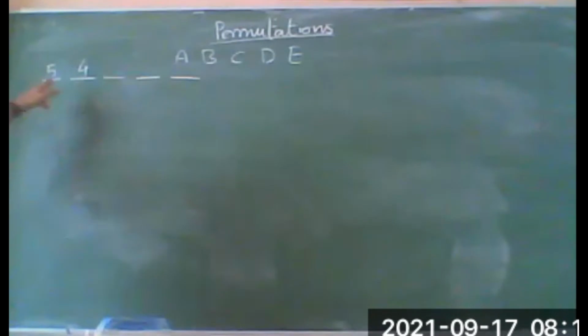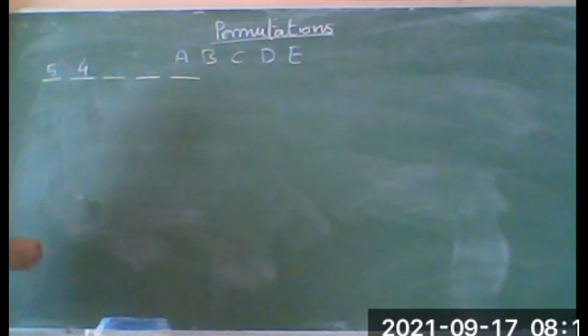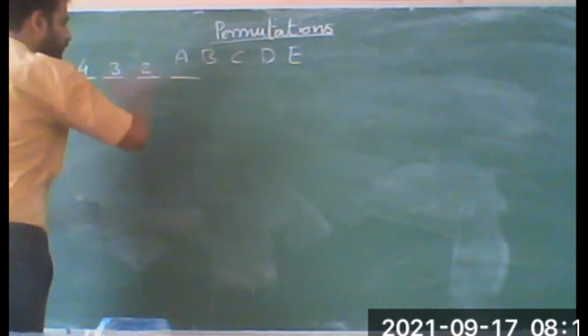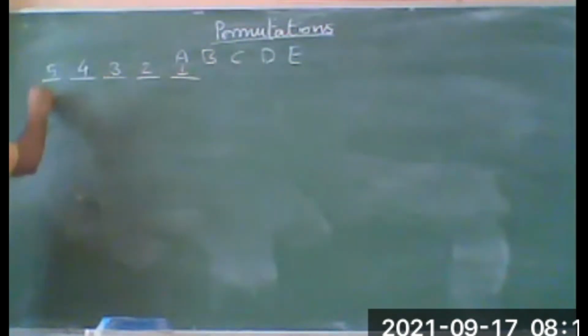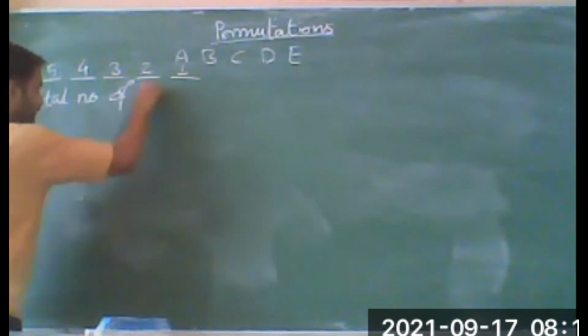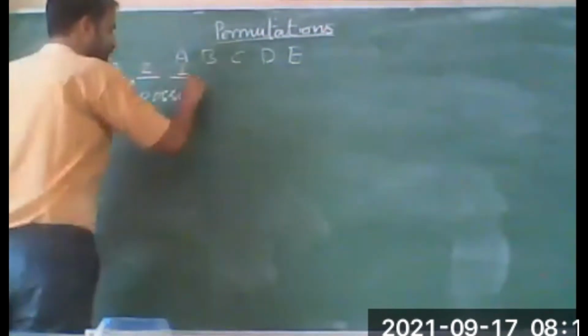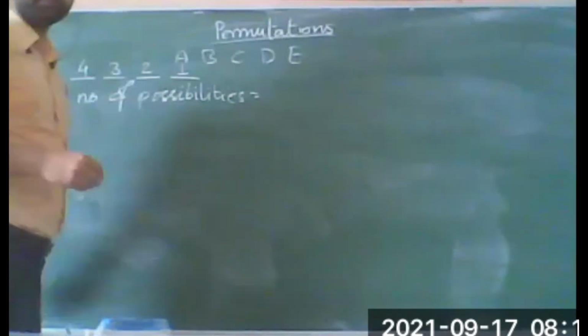In the same way, if you have put first position and second position, what will be the number of possibilities in the third one? Obviously, it is 3. And in the same way, 2 for the fourth and 1 for the last one. So now if I see the total number of possibilities, it is the product of all these numbers.